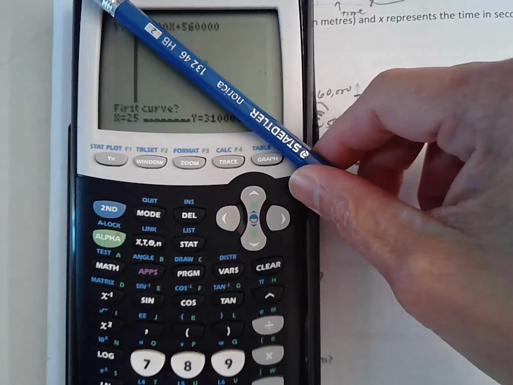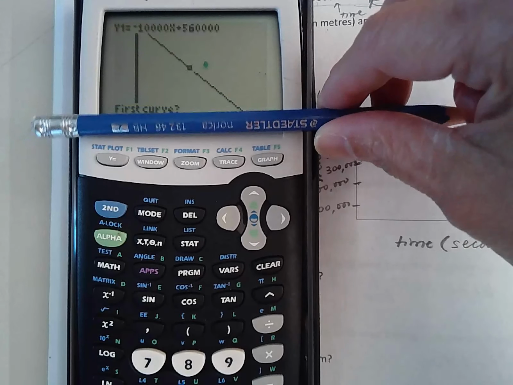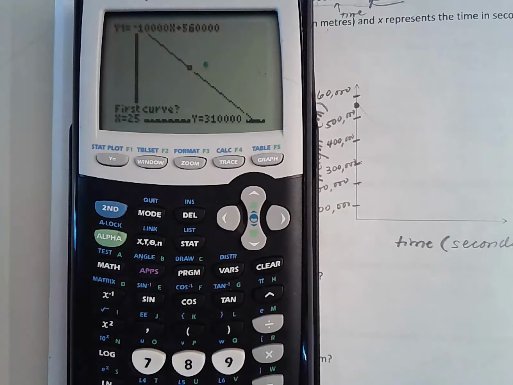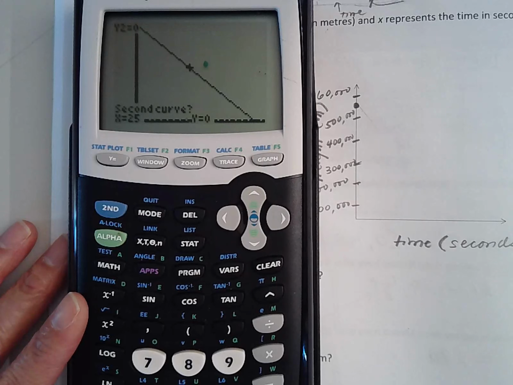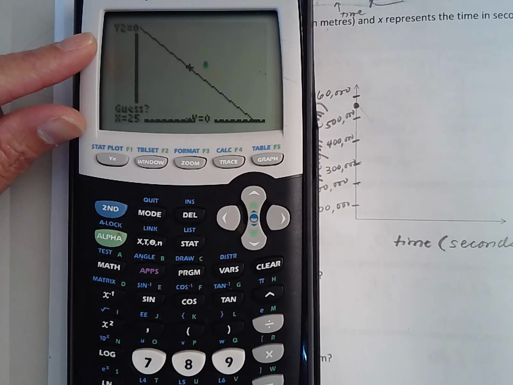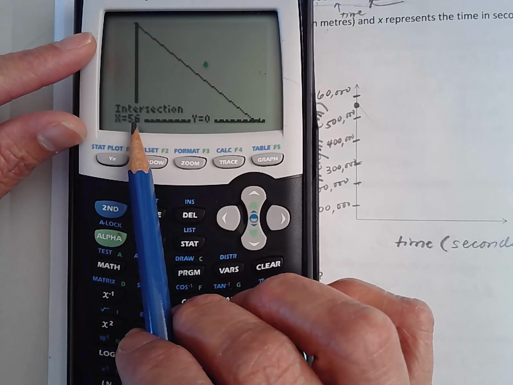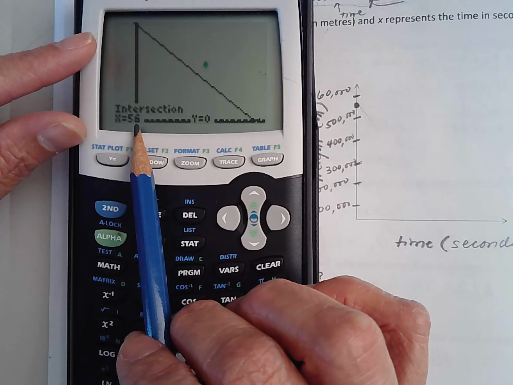This is the first line, that's your first curve, and this is your second line, that's the second curve. Press enter. Is this my second curve, the y2 equals 0? Yes, so press enter, and then press enter again. So it tells us they intersected at 56.